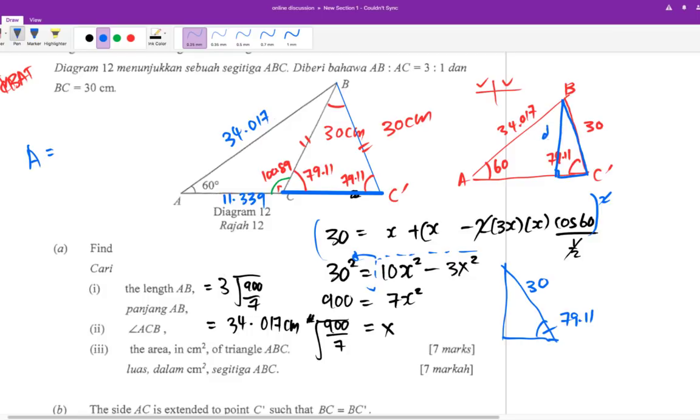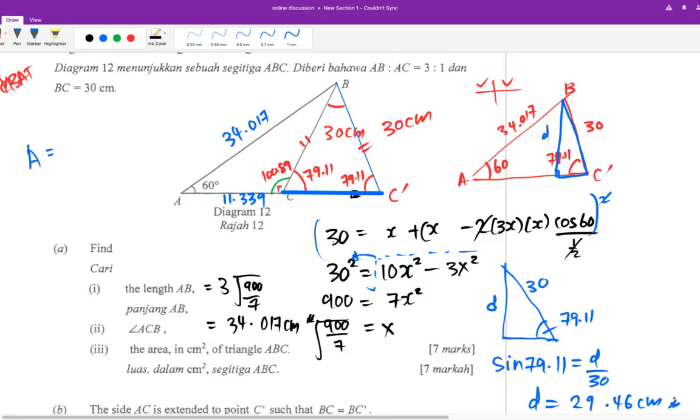Now I want to find the shortest distance, which is D here. To find D, I will use sine, opposite over hypotenuse. So sine 79.11 equals D over 30. Then I can find my shortest distance by moving 30 to the other side: sine 79.11 multiplied by 30. So my shortest distance should be 29.46 centimeters.